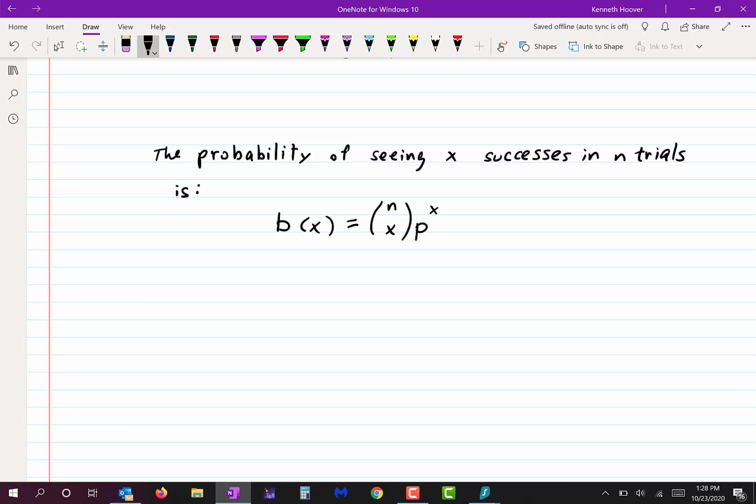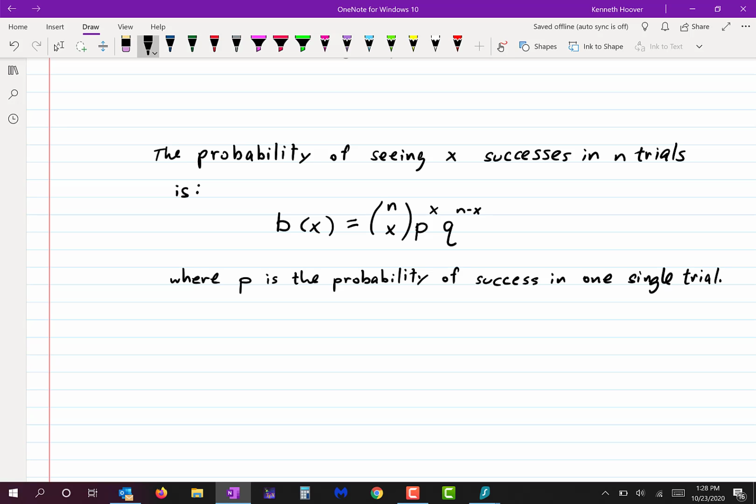So n choose x, times p to the x, where p is the probability of success in one single trial, and then we multiply that times q to the n minus x, where q is 1 minus p.